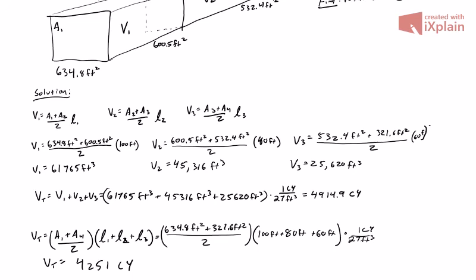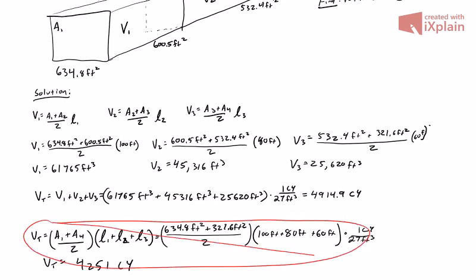So this method of doing it is wrong. You have to break it up into all the individual volumes and then sum them together in the end because they gave you that extra information.